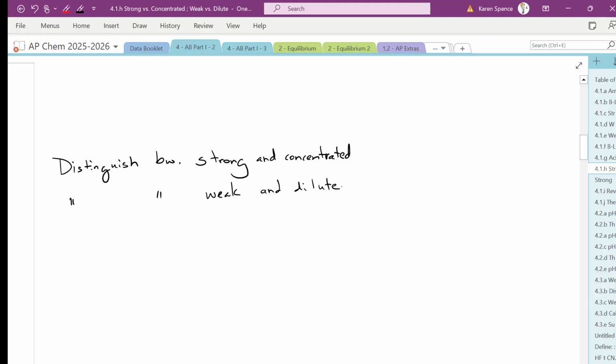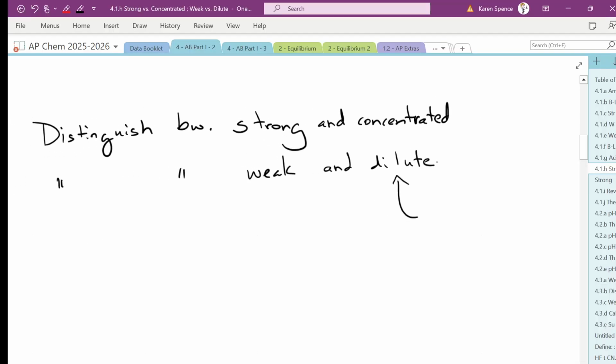Strong and concentrated. What do we got? So for dilute, a species reacts with water, but doesn't dissociate 100%. While the strong and concentrated, they dissociate. Oh no, sorry, I'll clarify.